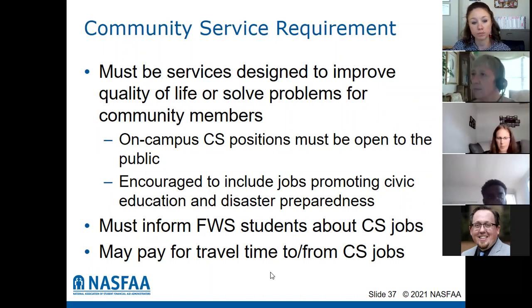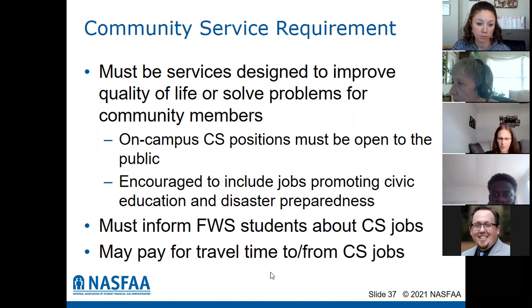Students may be paid for reasonable amounts of time spent in training for and travel to and from community service jobs. If a school pays a student for time spent traveling to their federal work study community service job, the Department of Ed recommends the student report those hours separately from the work hours on their timesheet.